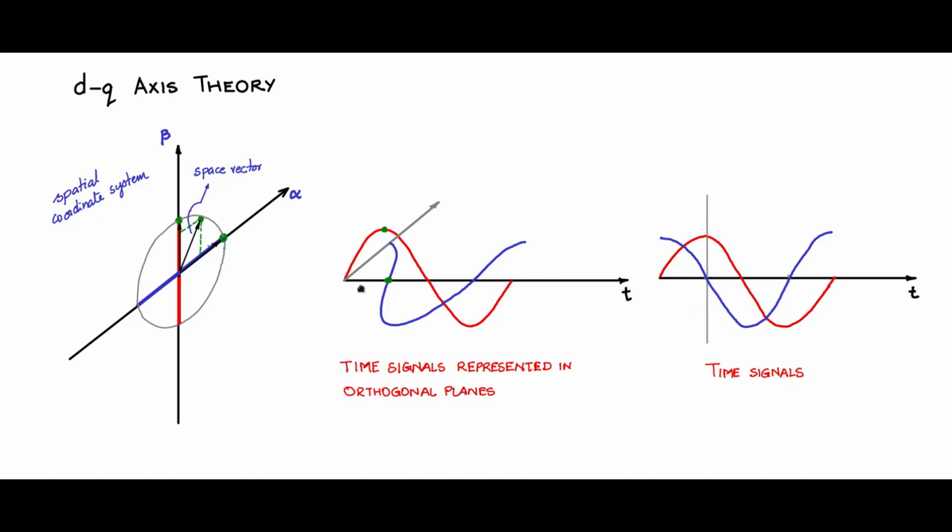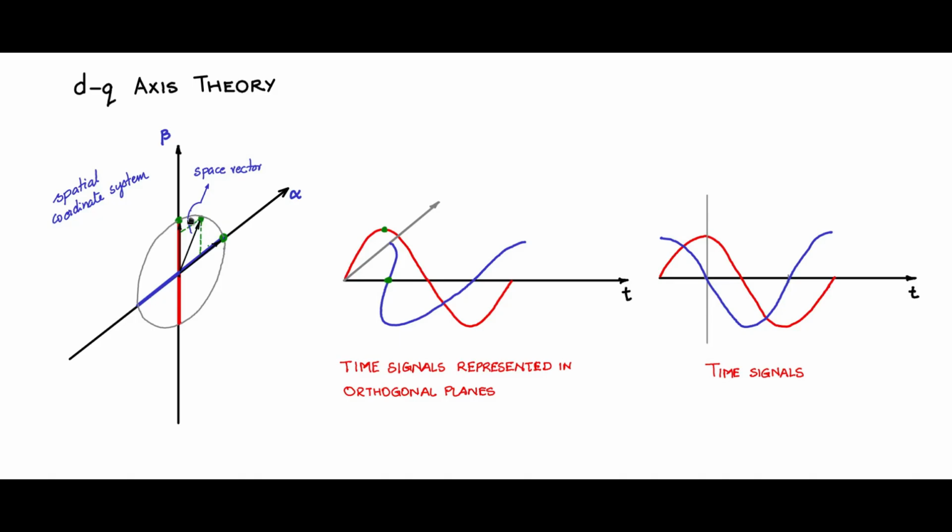Here also the axis of evolution was the time axis, and then we projected the instantaneous amplitude onto a spatial coordinate system, the alpha beta axis, and we saw that the projected equivalent resultant vector had an amplitude of 1, provided these two waves were sine and cosine waves of unit amplitude.